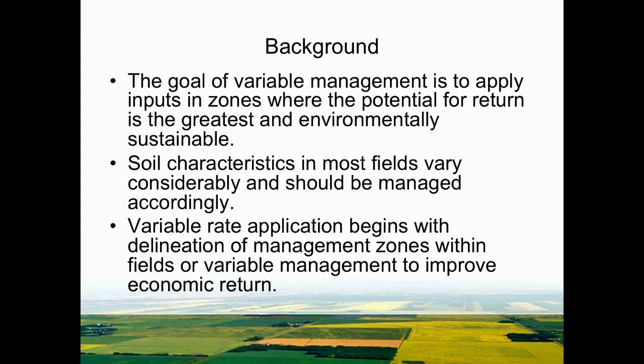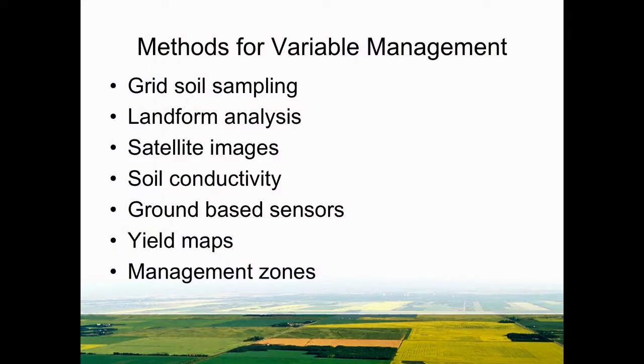Variable rate application, in my opinion, begins with the delineation of management zones within fields based on yield and also with respect to economic return. Now, there are quite a few different methods that have been assessed and tried in the past and are currently evolving. One was grid soil sampling that started in the 90s.